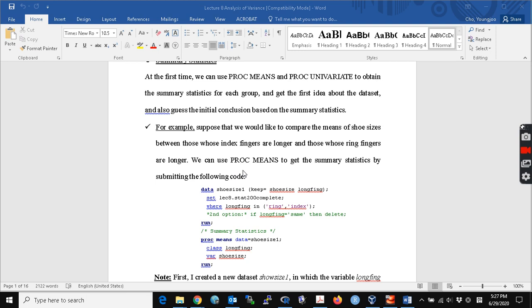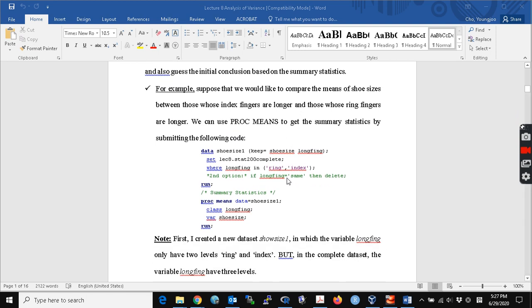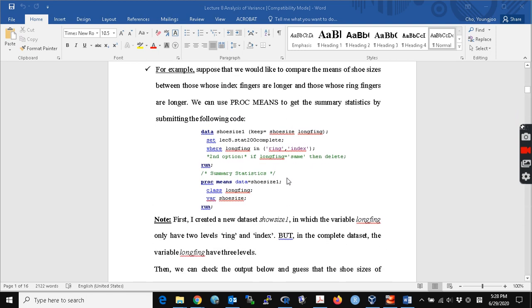We can use proc means. This long thing variable has three levels: ring, same, index. Ring means the ring finger is longer, index means the index finger is longer, and same means both are the same. So we use a where statement to only pick up the ring and index group levels.